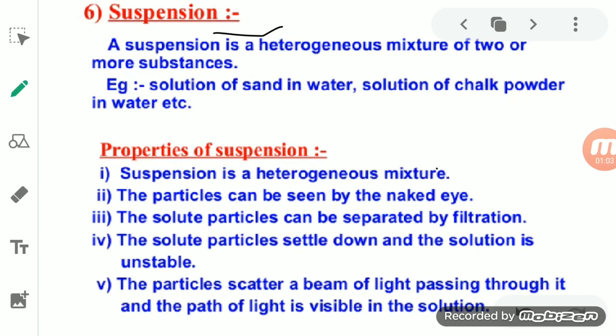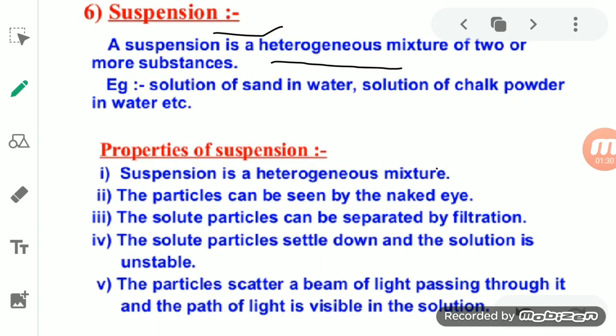It is a heterogeneous mixture, because when you mix together, you can see the separation boundary is very visible to us. Okay, so suspension is a heterogeneous mixture in which the small particles of a solid are spread throughout the liquid without dissolving in it.